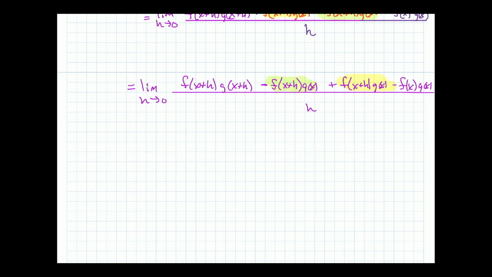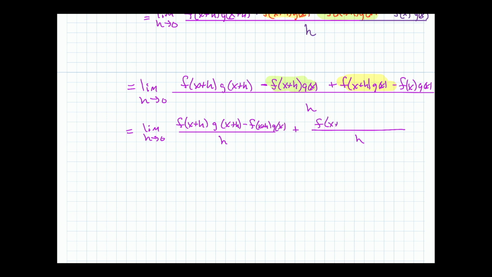Now what we can do is split this up into two fractions here. Like this. In the first one, I'm going to take those first two terms and in the other one, I'm going to take the second two terms.